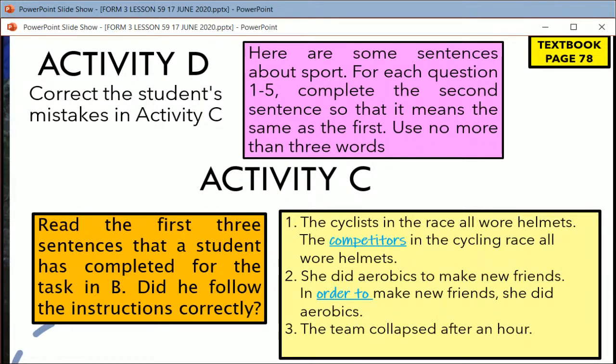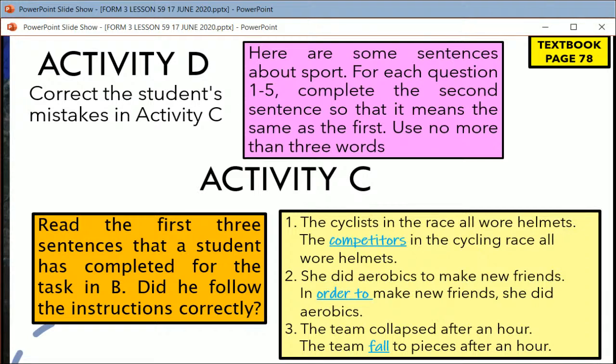The team collapsed after an hour. And the student wrote: the team fall to pieces after an hour. I want to find out whether the student completed the task using the instruction in B, meaning the same and no more than 3 words. Is it correct? That's all I'm asking.